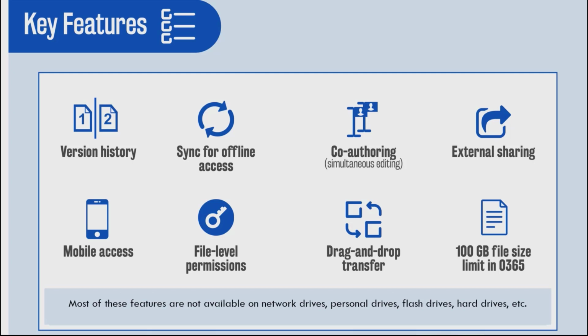There are file level permissions as to who has access to what. Most of the interfaces support what we call drag and drop transfer. So if somebody emailed you a document, you could drag that into your desktop and then drag it over or into your OneDrive folder, or if you had OneDrive open in your web browser, drag it into your web browser and upload it into a folder in OneDrive.